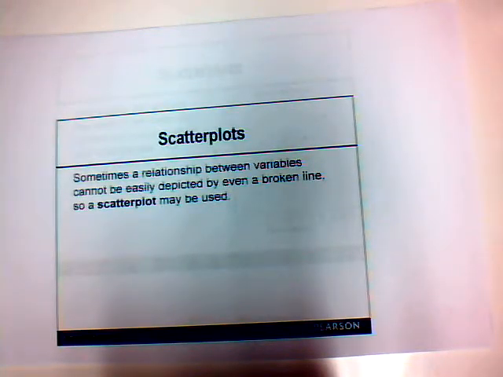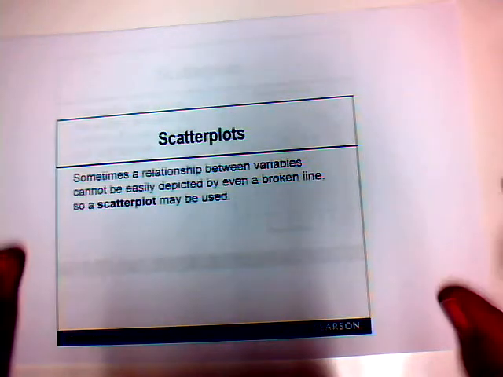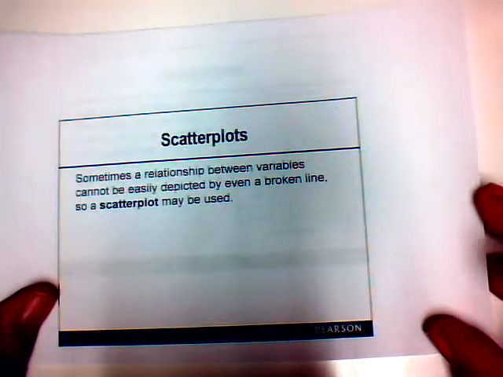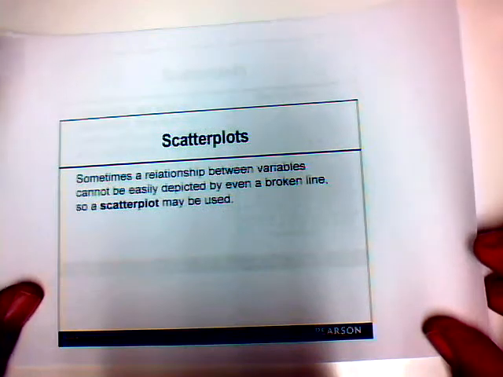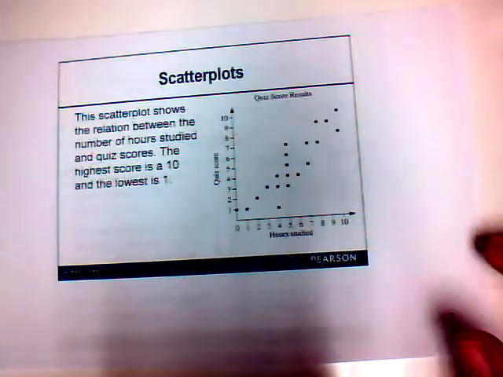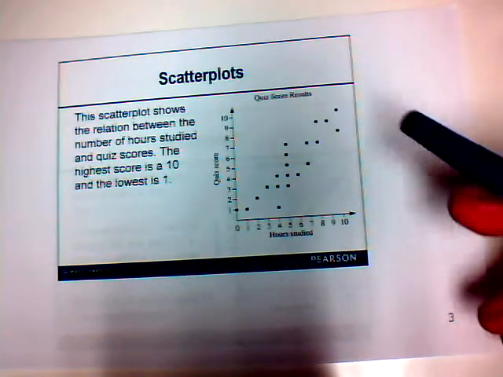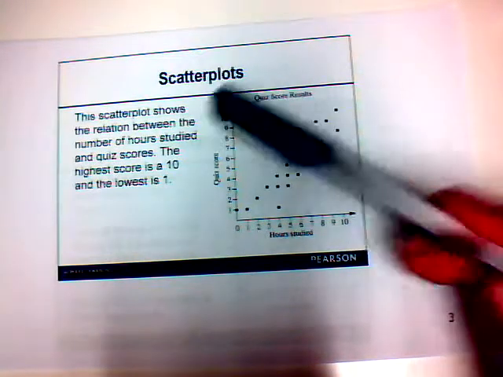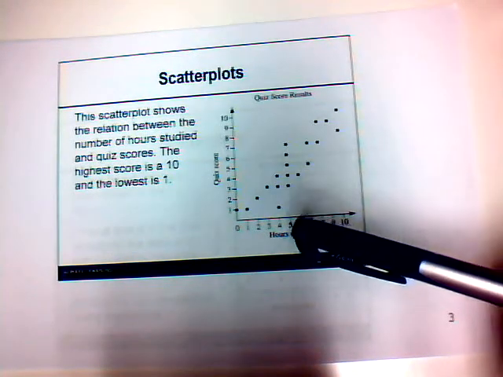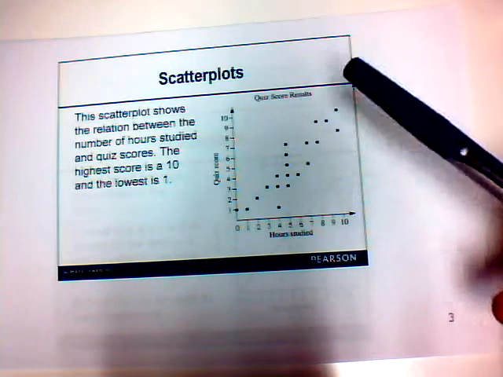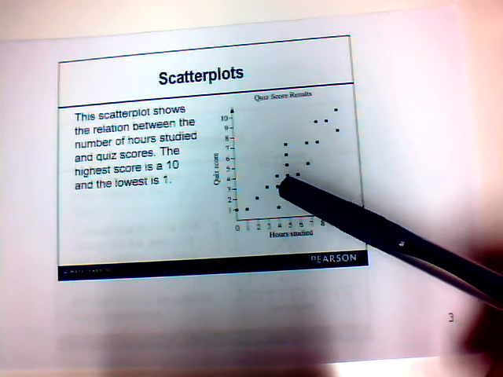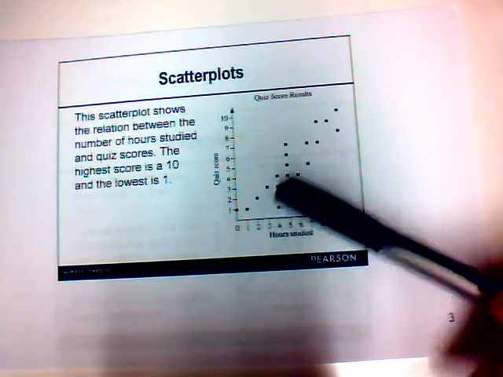Okay, scatter plots are another way of displaying data. Sometimes a relationship between variables cannot be easily depicted by even a broken line, so a scatter plot may be used. This is what a scatter plot looks like. In this case, the scatter plot shows the relationship between the number of hours studied and quiz scores. The highest score is a 10 and the lowest score is a 1.